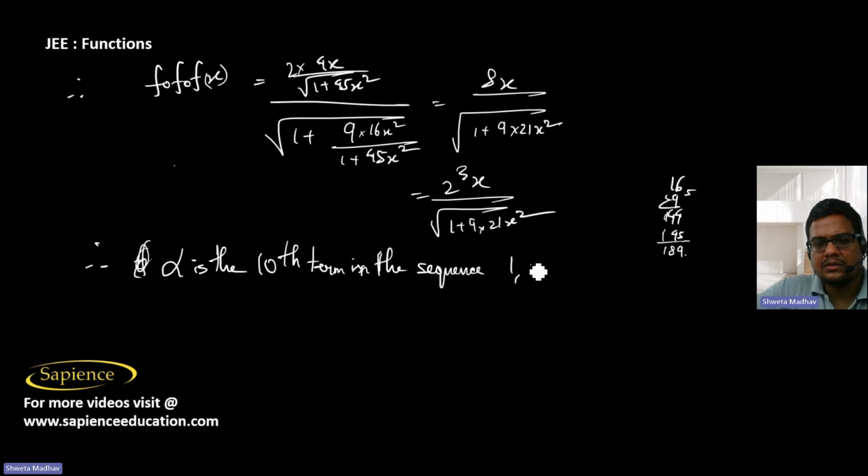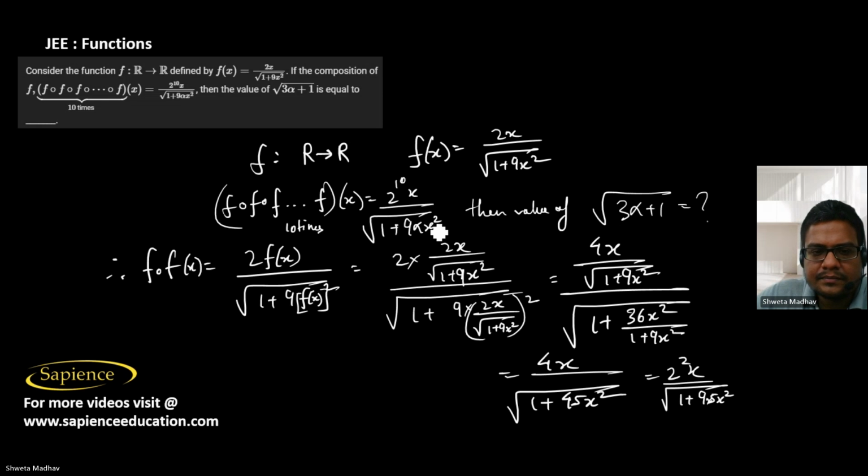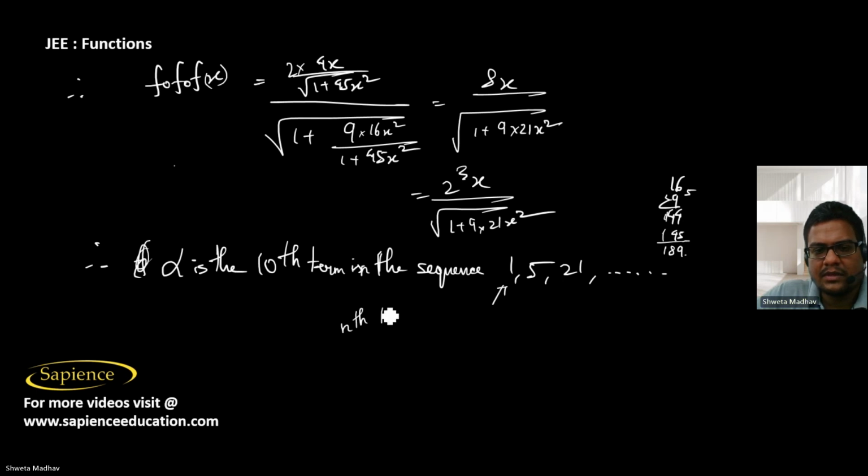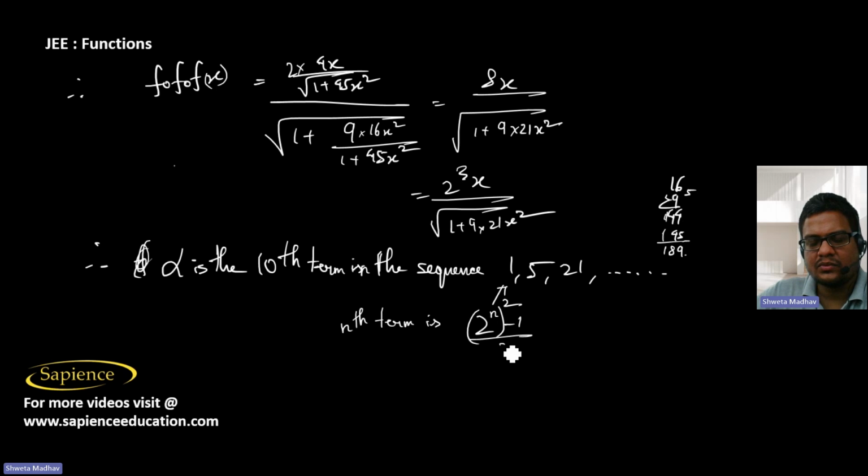That is 1, then 5, and 21, etc. So therefore the terms are, here the nth term is actually 2 power n whole square minus 1 by 3.